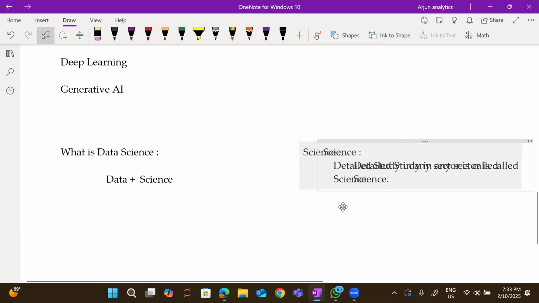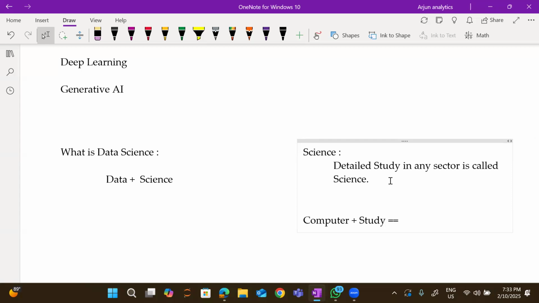Now, an example. Now you are doing a detailed study on computers. What do you call this? Computer science.